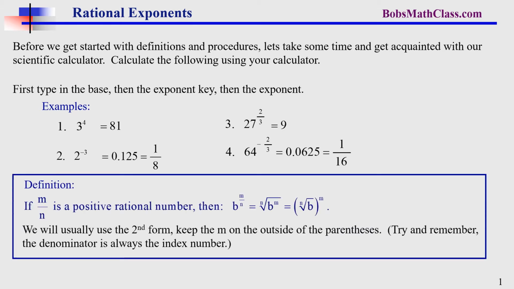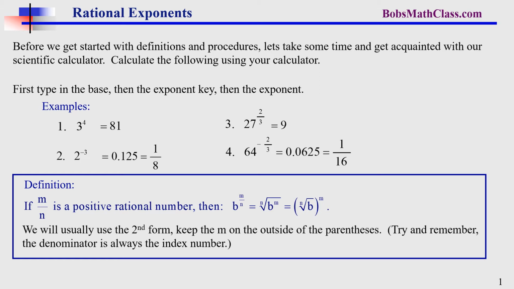Okay, here's our rule. If m over n is a positive rational number, then b to the power m over n is equal to the nth root of b to the m, or you can move that m outside the parentheses, so it's the nth root of b all raised to the power m. Usually that second form is what we want.